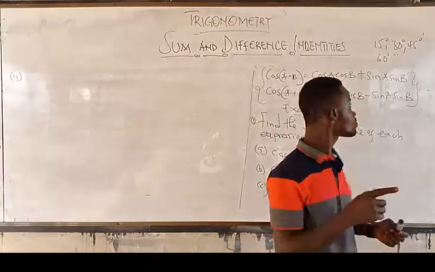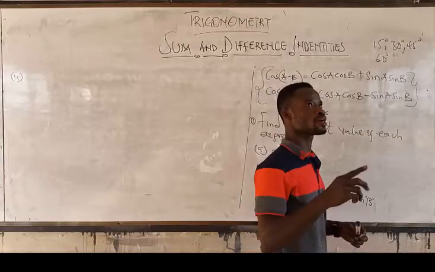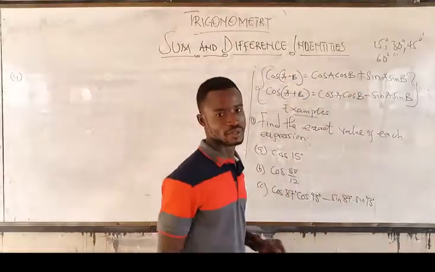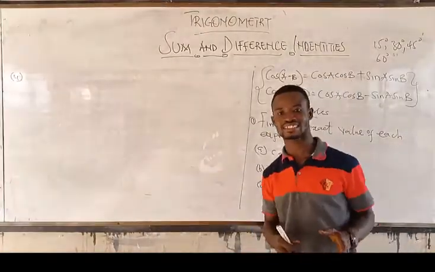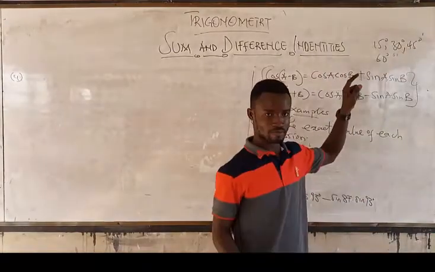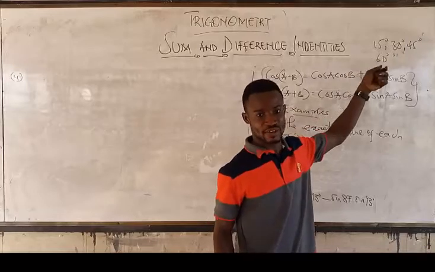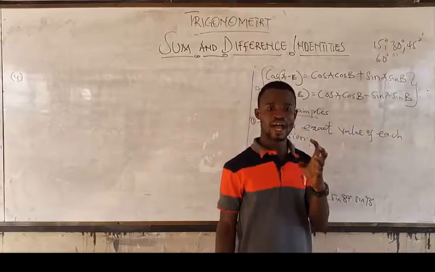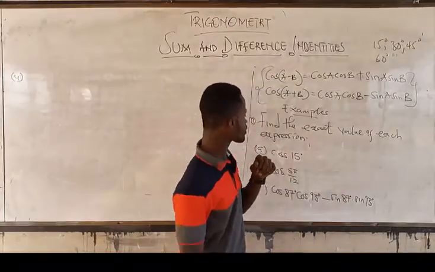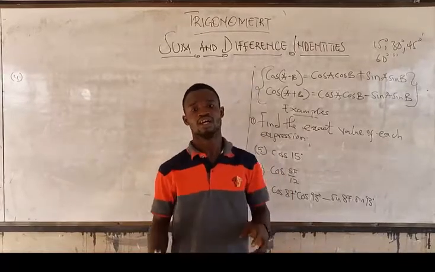So that is the known function values. Since we know the exact trigonometric function values of 45 degrees, 30 degrees, and 60 degrees, using them to find the exact value of any trigonometric function argument is going to be easy for you.